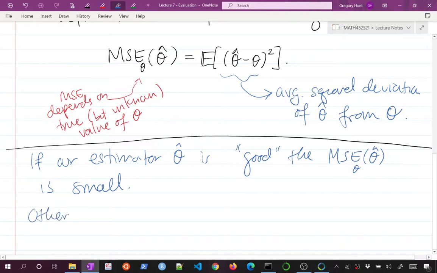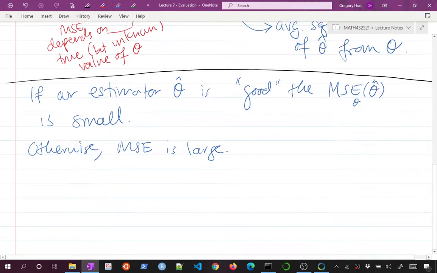Otherwise, the MSE is large. That is, if it's not good, we're going to have a larger MSE. And our lecture is about evaluation. So MSE is one way to evaluate an estimator. It's a way to evaluate theta hat and tell us how good it is at estimating theta.